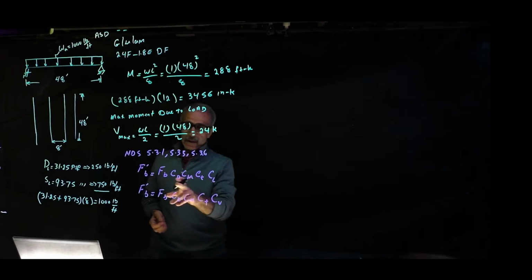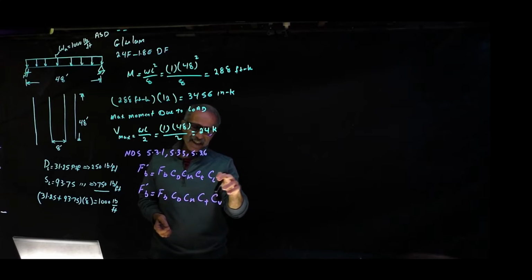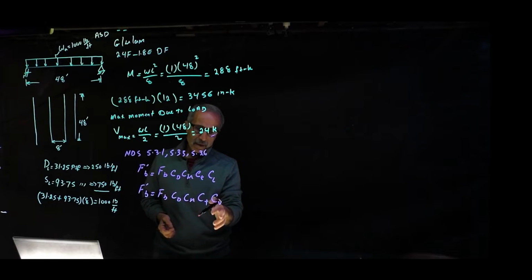So basically the lesser of these two: F'b is equal to Fb CD CM CT CL, or CV, the lesser of the two. And I just separated both of them.